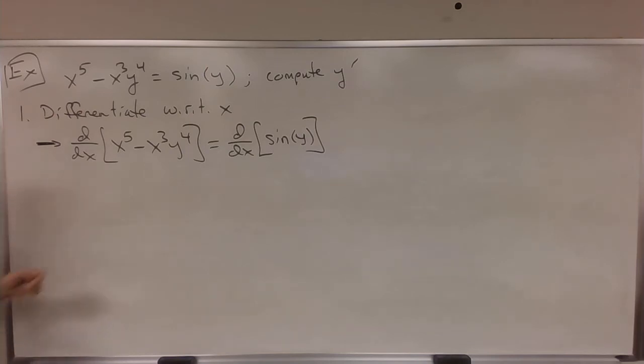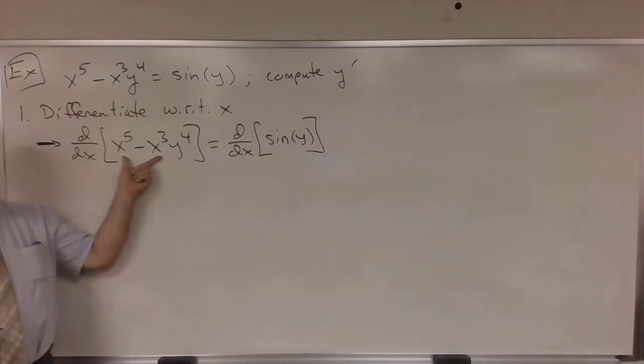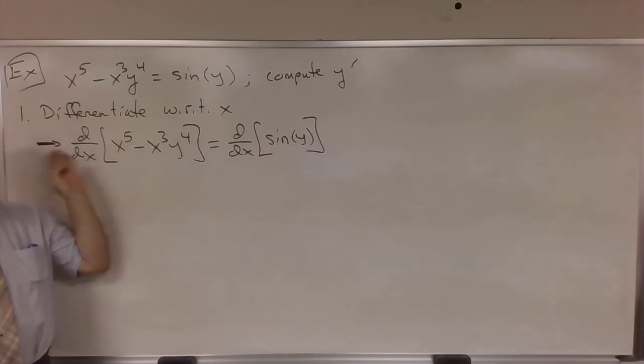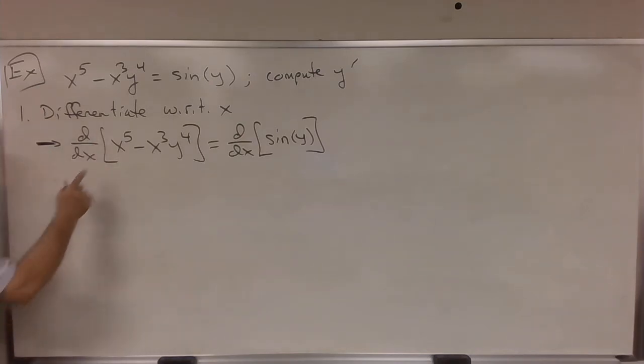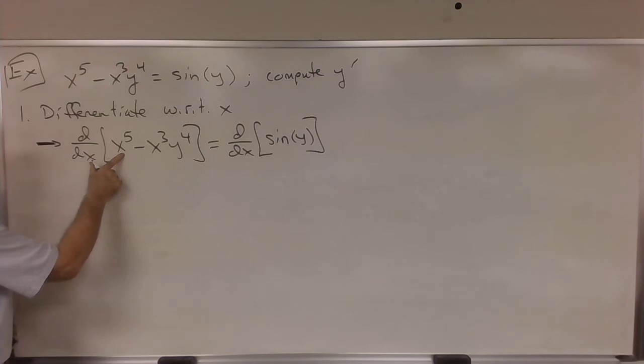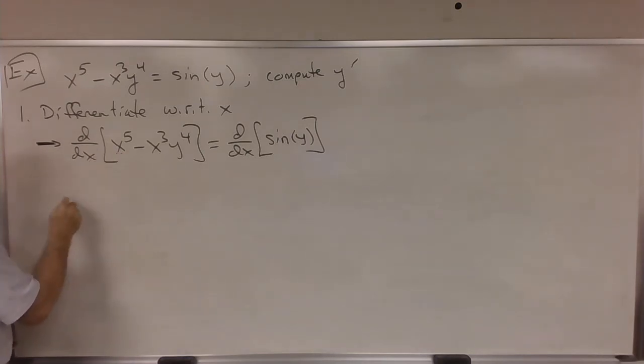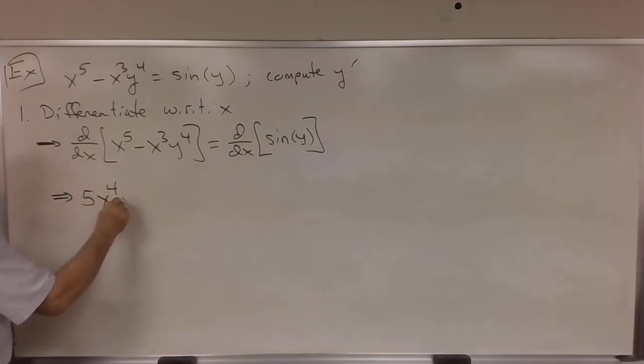And the left side is just a sum or difference, so we'll differentiate each term separately and then just put it together. These variables are the same, so we just look at x as a variable. Derivative of x to the fifth is 5x to the fourth.